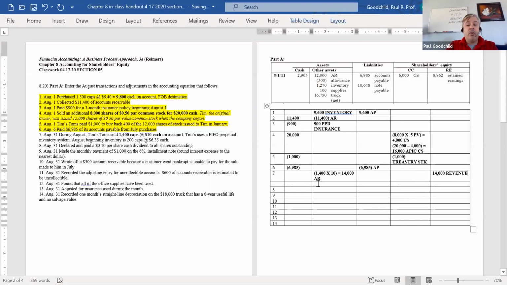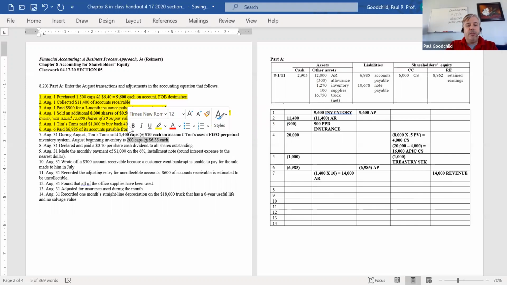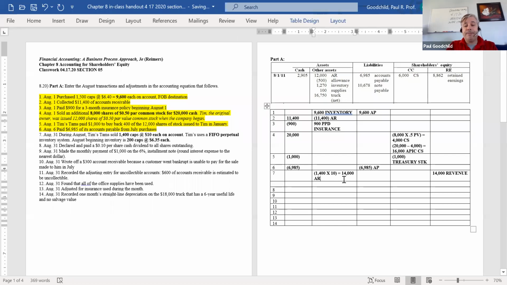And then we have to record our cost of goods sold now. It says it uses a FIFO perpetual inventory system, and that the 200 caps in beginning inventory were at $6.35 each.